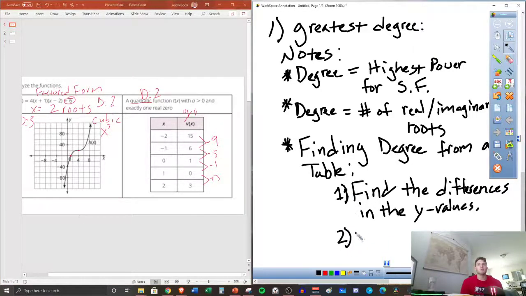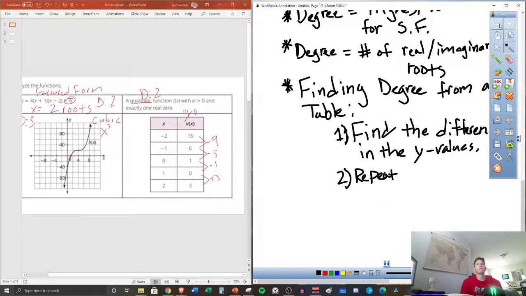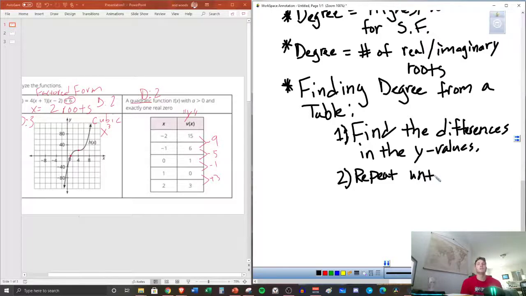But step 2 is this: repeat until you get a constant row of differences.